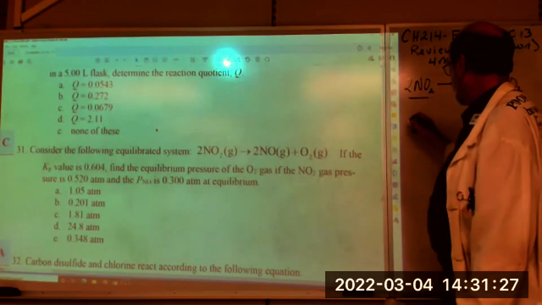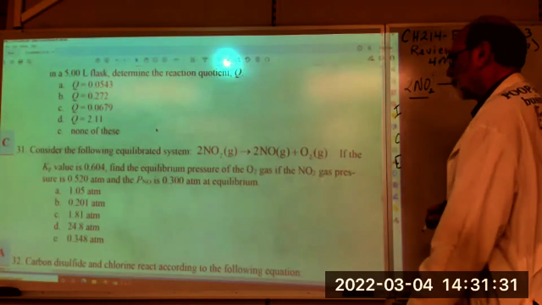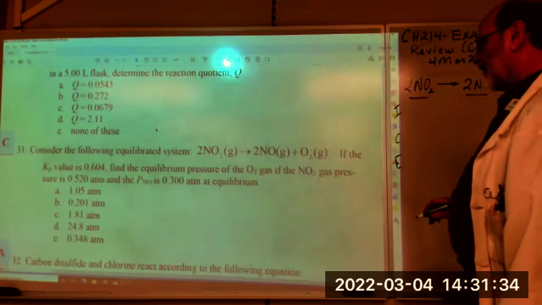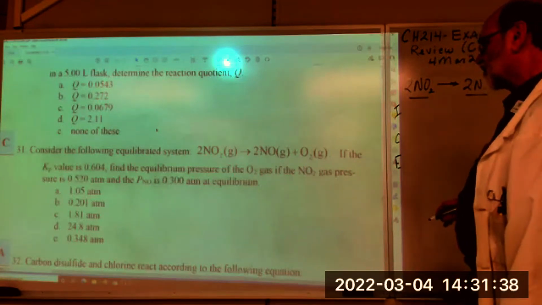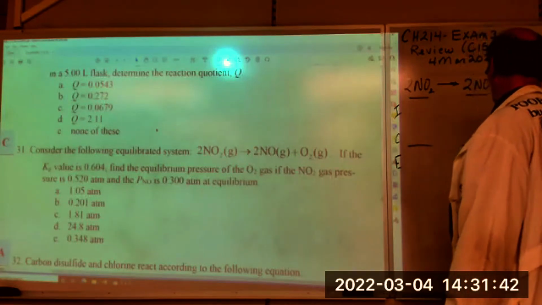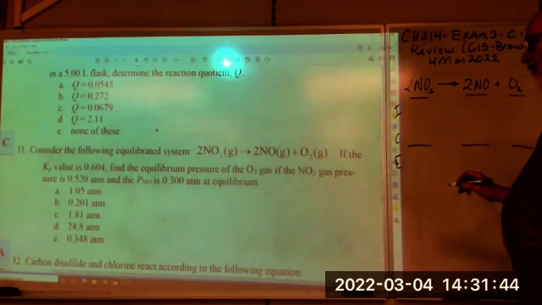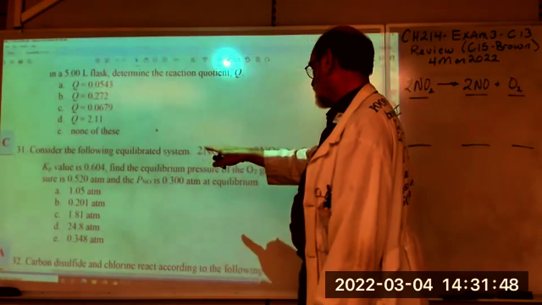Here, all gases. So initial, change, equilibrium. So what's the initial? It tells us what the end result is. Tells us what the Kp is.